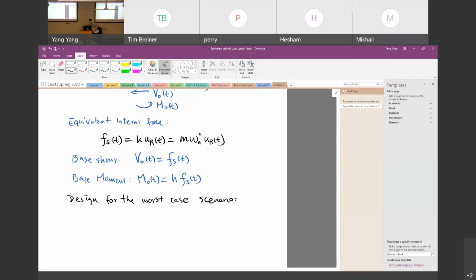It can be equal to 0 and it can be very large in one direction and very large in the other direction. So the moment and shear forces vary with time in the columns. We would like to know the maximum, and that means we just design for that maximum.